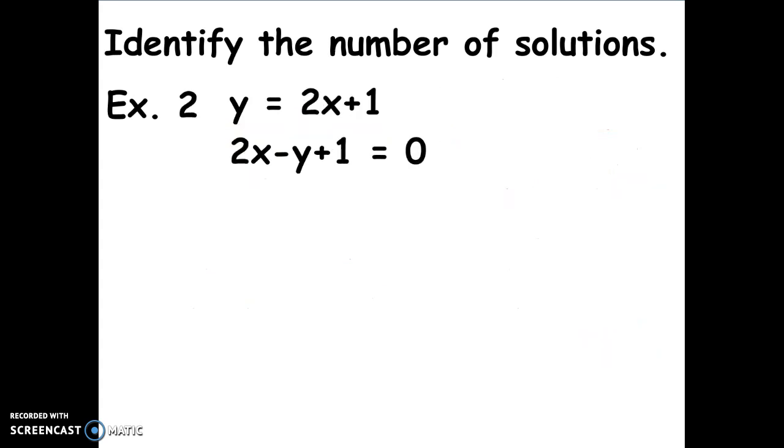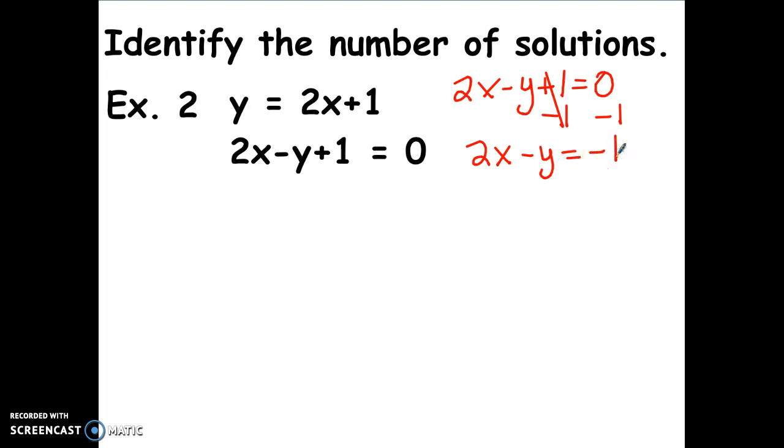Example 2. Again, looking at this, we have to solve this second equation for y in order to answer this question, okay? The first thing that we can do here, we have different options, but I'm going to go ahead and subtract 1 first. So I'm left with 2x minus y equals -1.